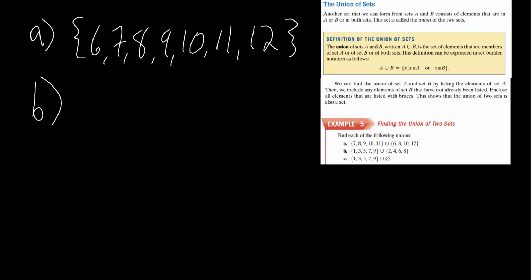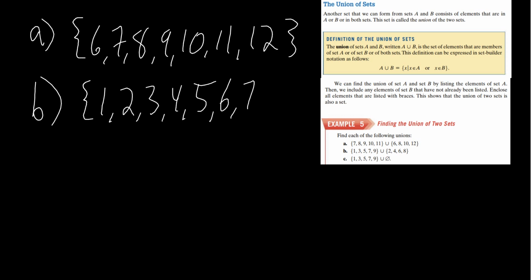B, it looks like 1, 2, 3, 4, 5, 6, 7, and it looks like just 1 through 9 this time. Just writing every single element that I see. There's no crossing off.